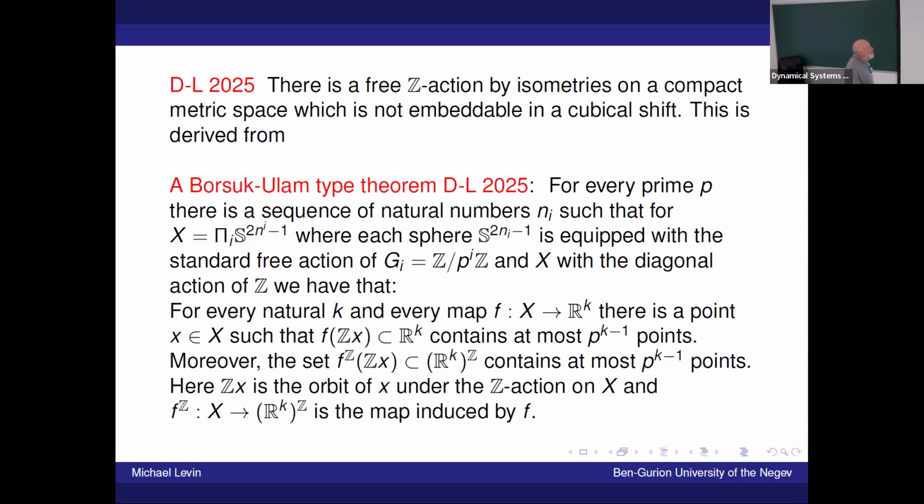Okay, so actually I would like to present or outline the proof of this result. There is a free Z action by isometries on a compact metric space which is not embeddable into the cubical shift. As already mentioned, actions by isometries have mean dimension zero, and not only mean dimension zero, also the topological entropy is zero.